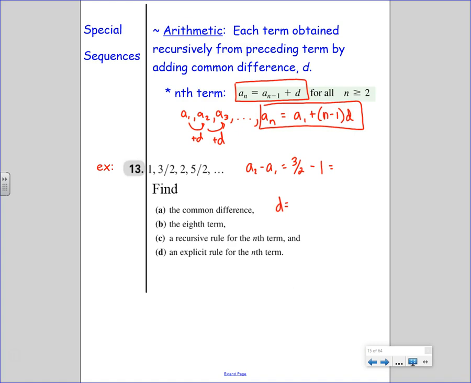Oh yeah, implicit. Recursive is the one where you have a sub n minus 1. The explicit one is basically not following the previous term. Why would it ask you for the eighth term and then ask you to write the sixth? It would probably have the eighth term.